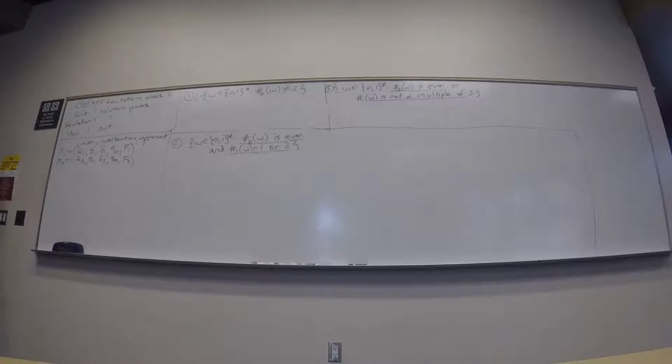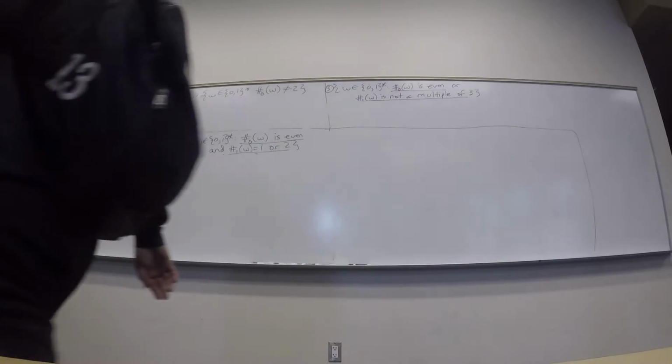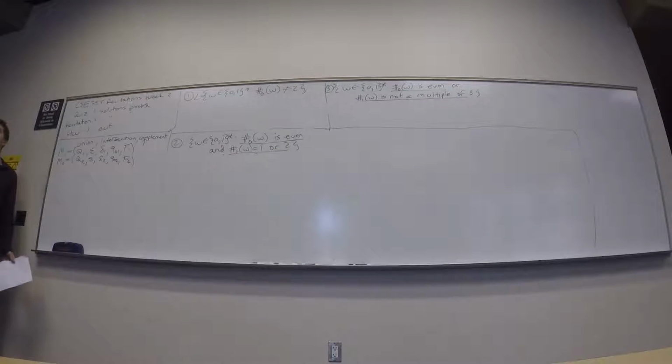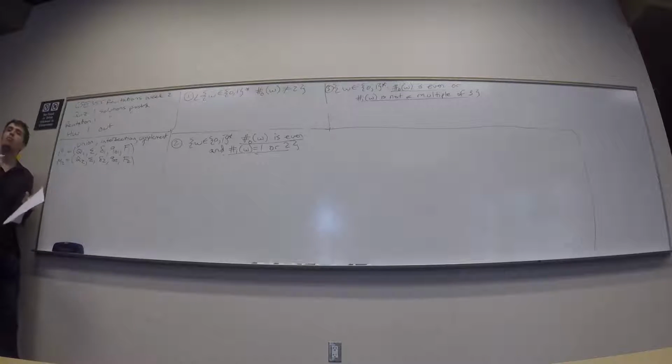Well, one idea that will work is I just look at the first machine, whatever input I have, feed it to the first machine, and then also feed it to the second machine, and then see what they say. Okay, so why would my idea not work? Feed it to the first machine, then feed it to the second, and then accept if at least one of the two accepts.